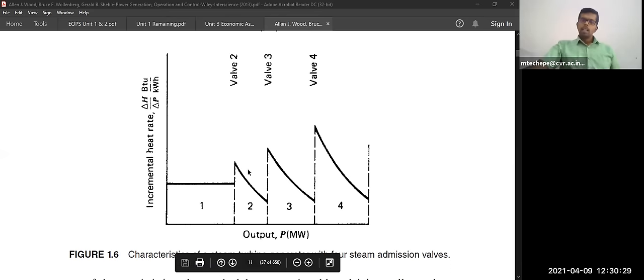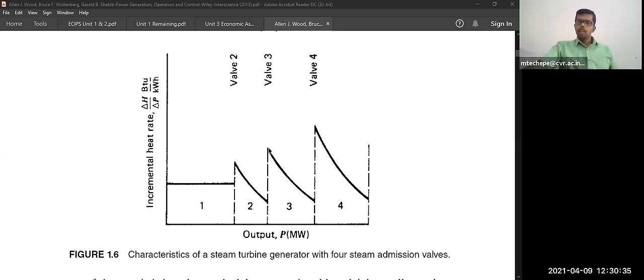The first valve will be opened partially, another valve will be opened somewhat more than that, and another valve will be opened fully.